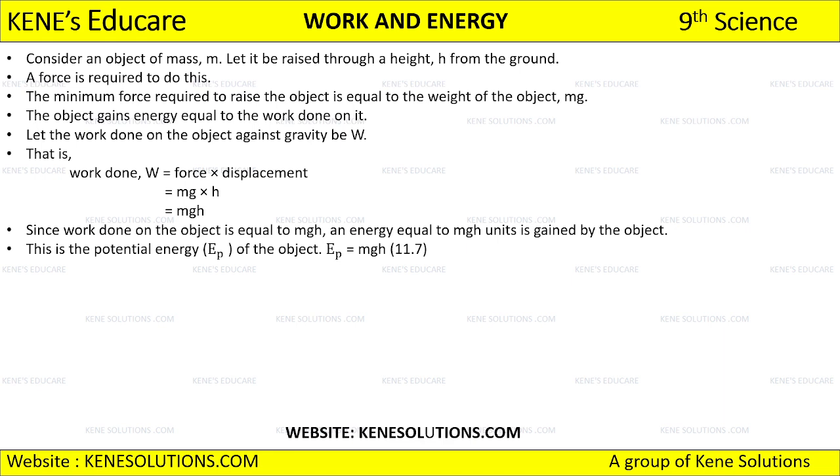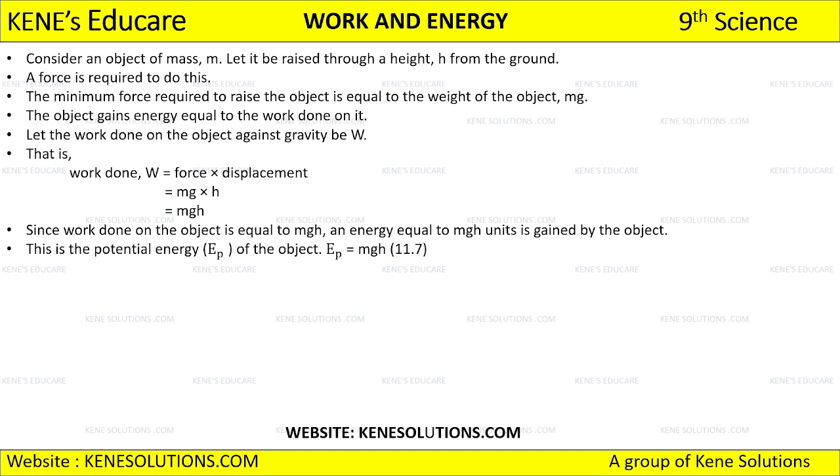So the object gains energy which is equal to the work done on it. So how much work you will be doing on that object, that same amount of energy the object is going to gain.